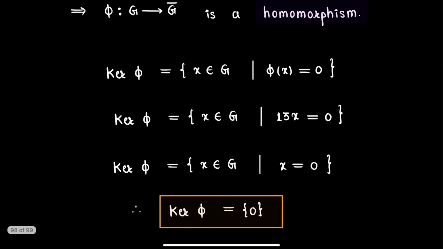So we get kernel phi is the set of all those elements x in group G such that x is equal to 0. Note that here 13x is nothing but addition of x with itself 13 times. So 0 is the only real number which, added 13 times, will give answer 0, and therefore x will be equal to 0, and thus the kernel of this homomorphism will be the singleton set 0.